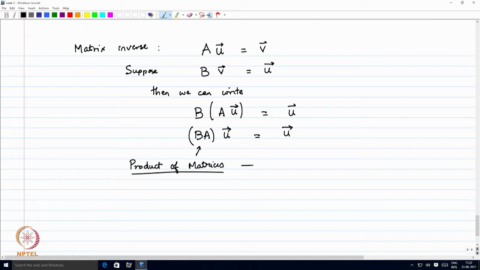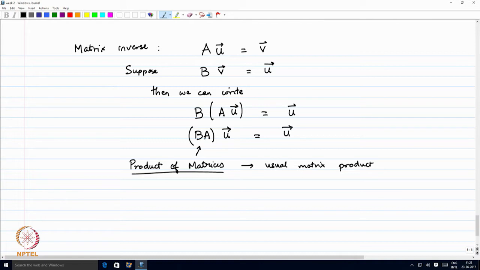So this is the usual matrix product. Okay. And I expect you to know the usual matrix product. If you are not familiar with it, it's no problem, you can learn it very quickly. Okay. But if you take this product of two matrices and you operate on U, you get exactly U.